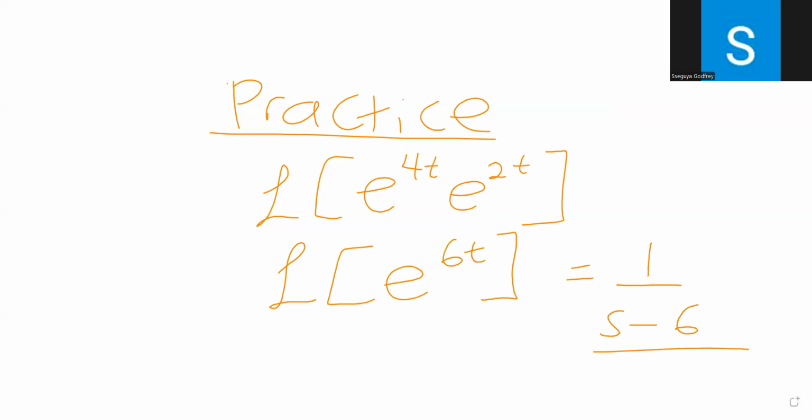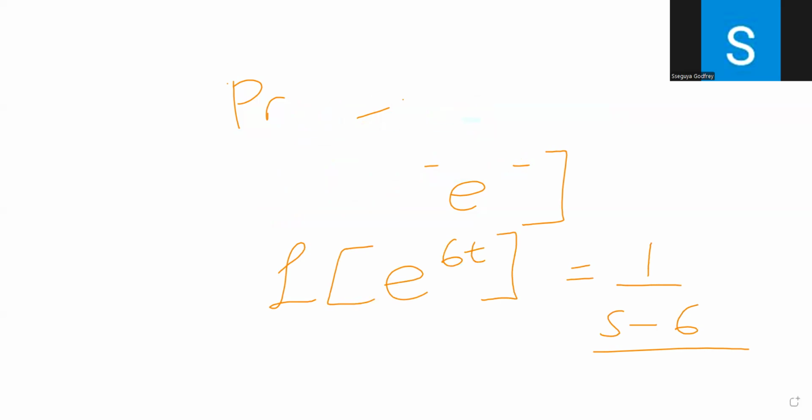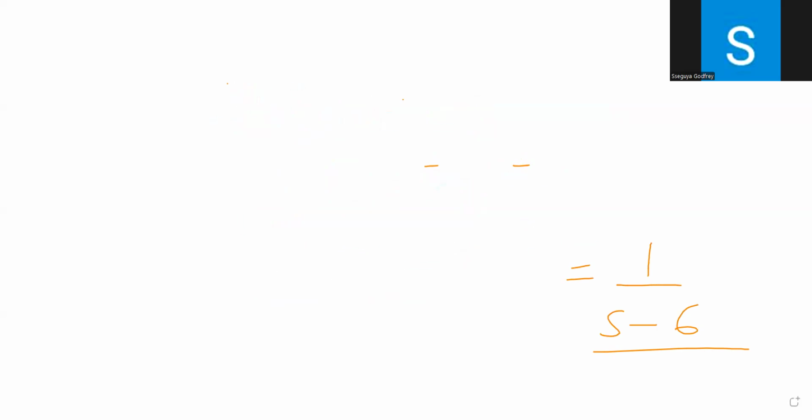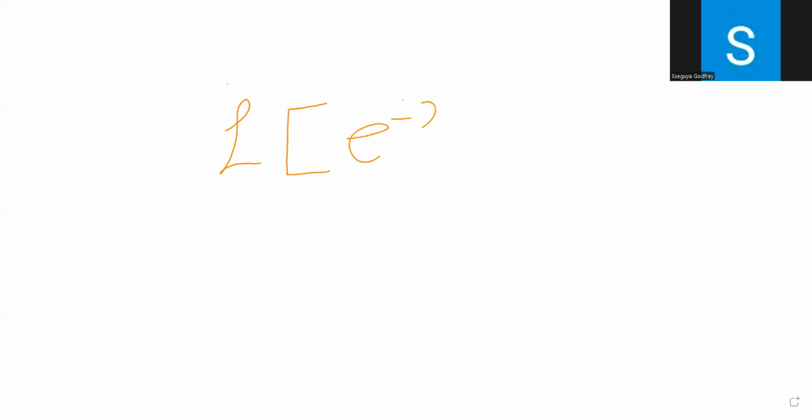For exponentials, let us do that of negatives, then we'll proceed to other functions. Laplace of e^(-2t). Remember the 1 over s minus a. But now a is minus 2, so it becomes 1 over s plus 2.